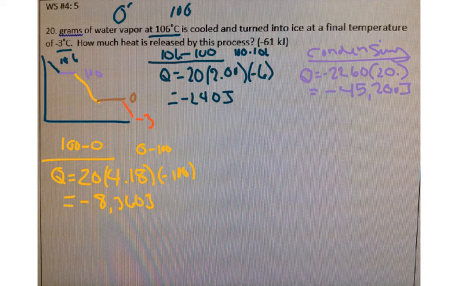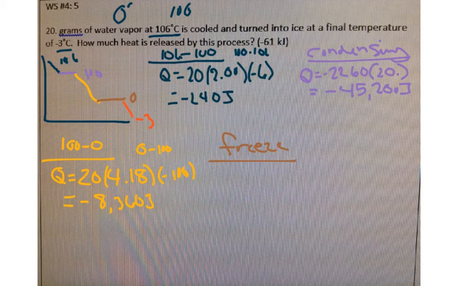So now I've dealt with cooling down my steam, condensing my gaseous steam into liquid water, and then cooling down my water to 0 degrees Celsius. Now I'm ready to freeze it, which is that flat line. Anytime you are freezing or undergoing a phase change, you use Q equals HM. My H value would be the fusion one, but I'm doing the exact opposite because I'm going from a liquid to a solid, as opposed to a solid to a liquid.